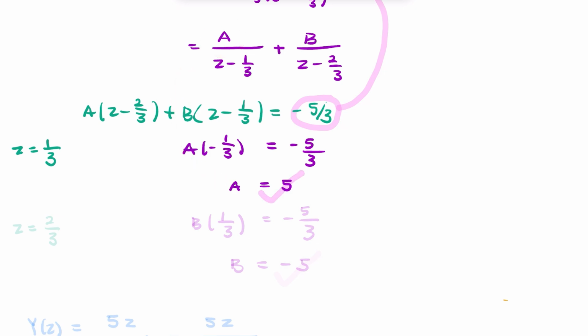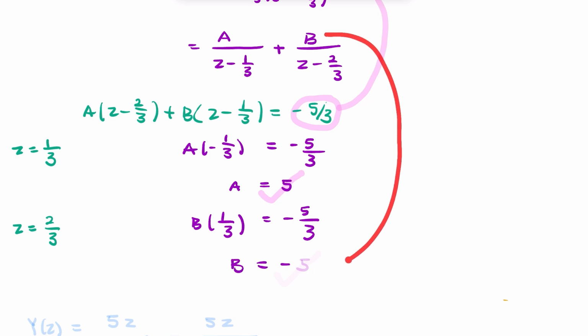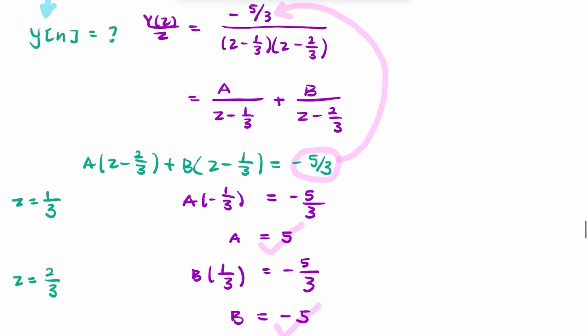I can then set z equal to 2/3, and that will give me B times 1/3 equals minus 5 over 3, so B is equal to negative 5.